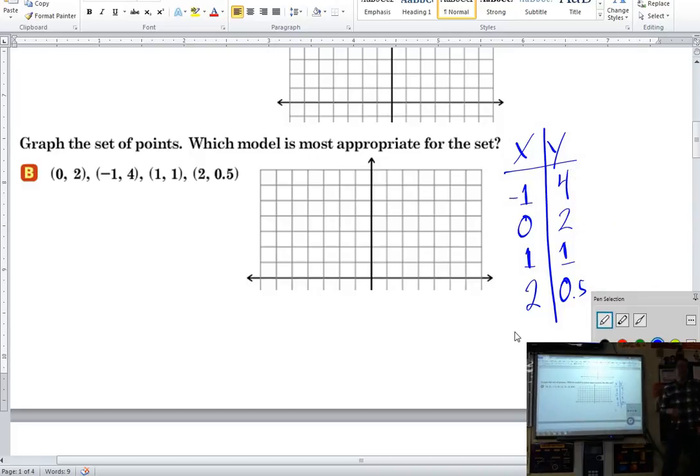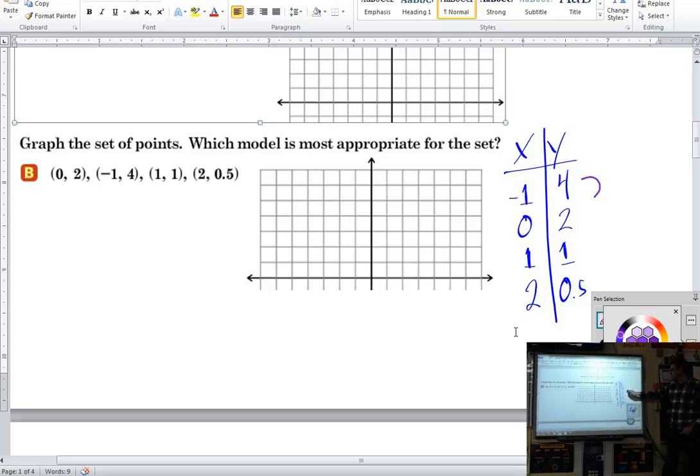So now, instead of comparing using arithmetic, try the multiplication. So if we look here, we'd be multiplying by a half. We're multiplying by a half. We're multiplying by a half.